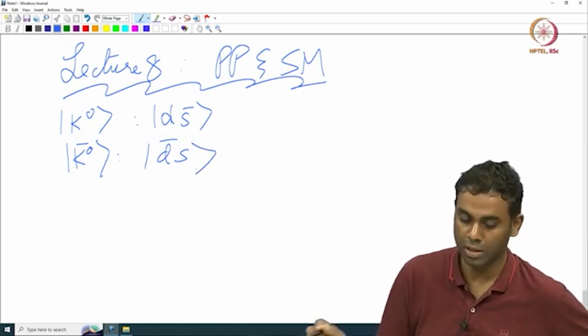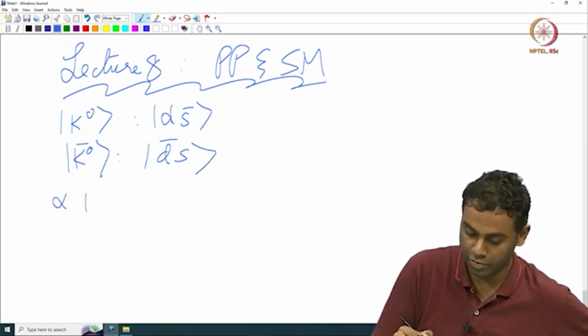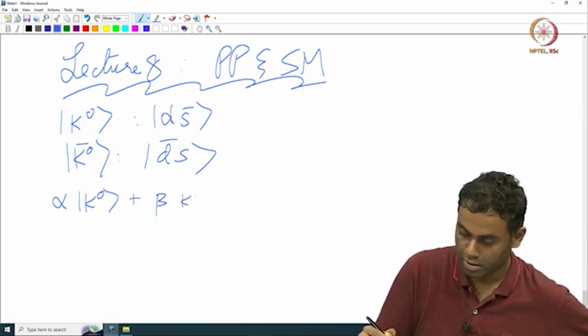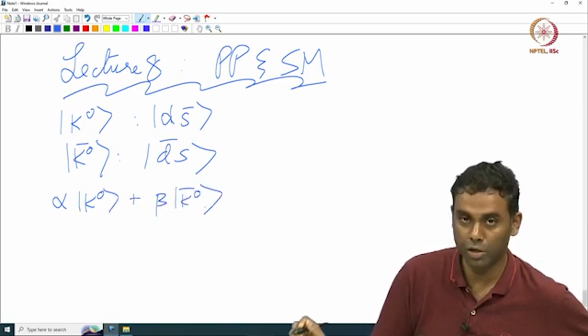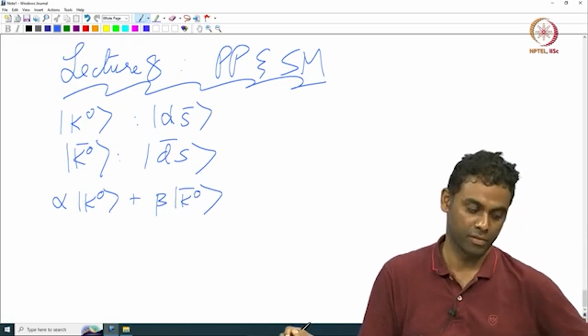And then we saw that it is linear combinations of these that we would measure, depending on what we are measuring.